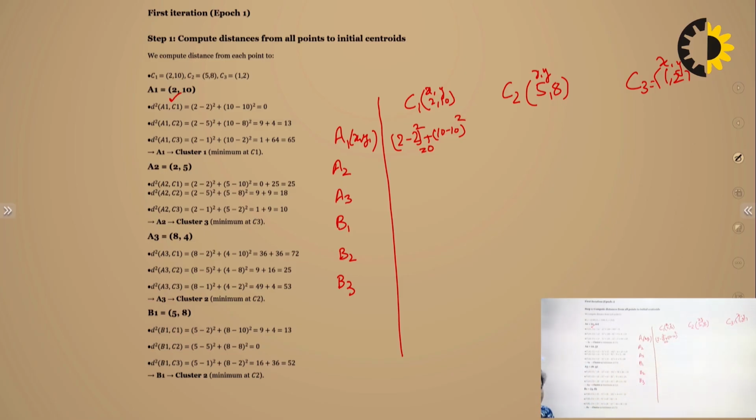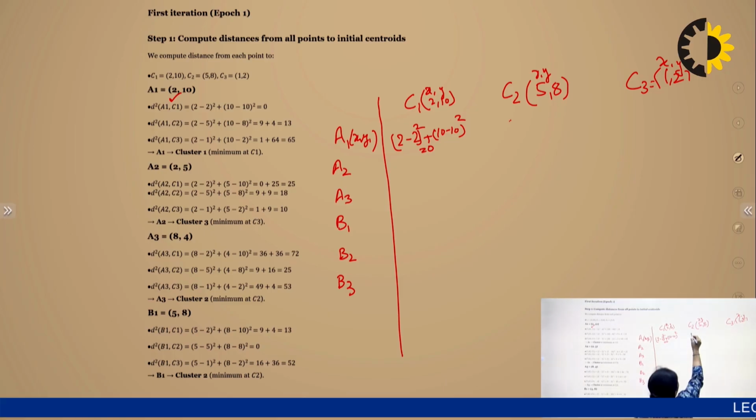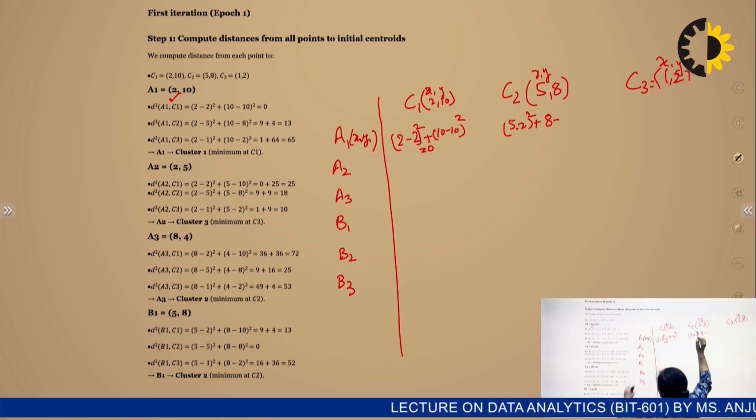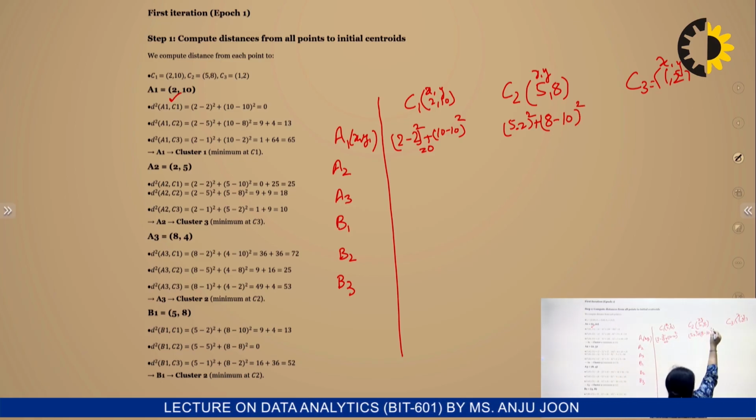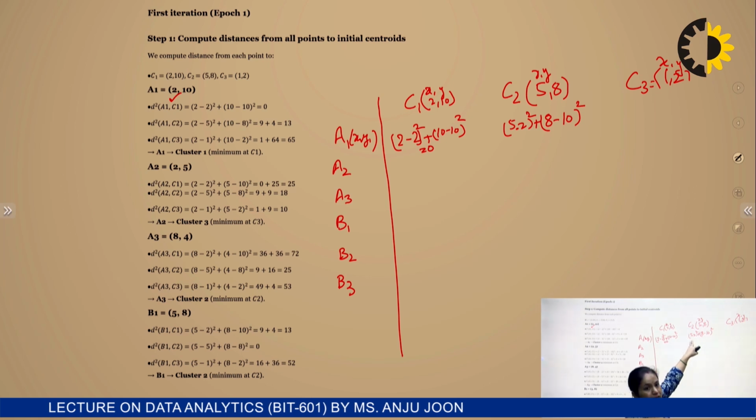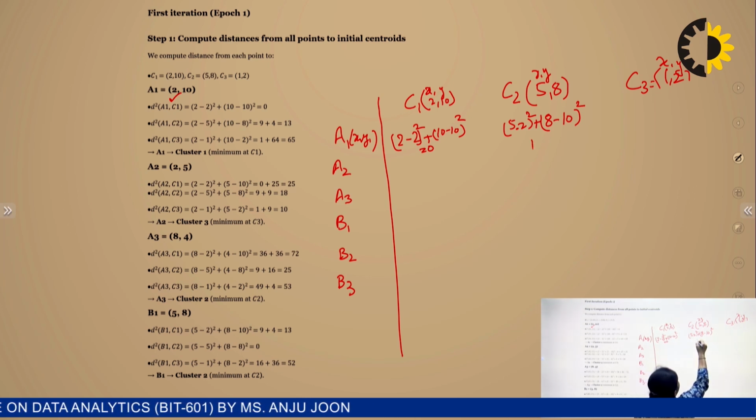Okay. Now we will compute with C2. (5 minus 2) whole square plus (8 minus 10) whole square. So here 9 plus 4, it will be 13. Same with C3 also we will find.